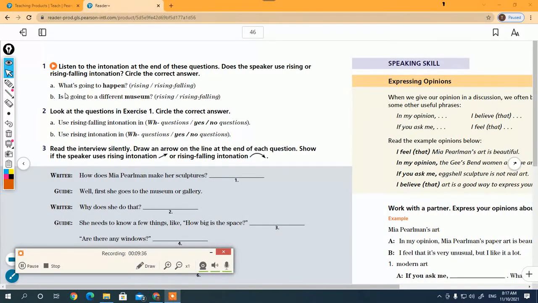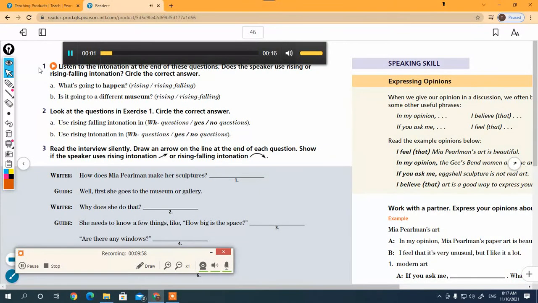It's going to be just rising, rising, rising. Is it going to a different museum? Higher, higher, rising. Is it going to a different museum? That's just rising. Let's listen.